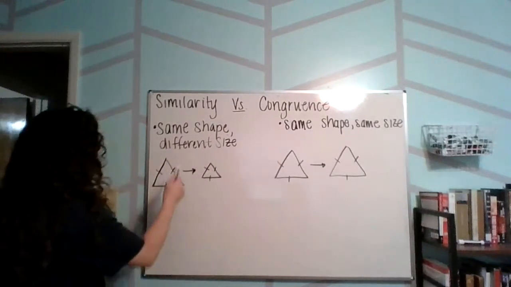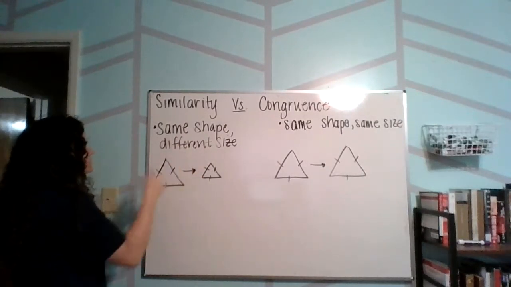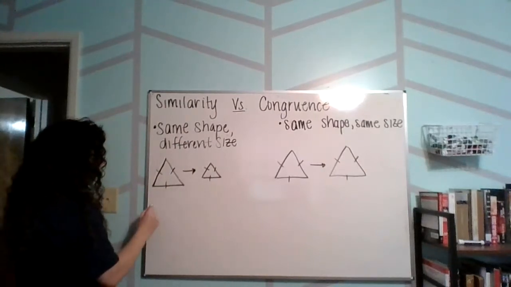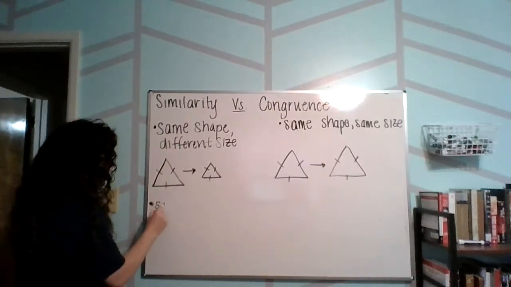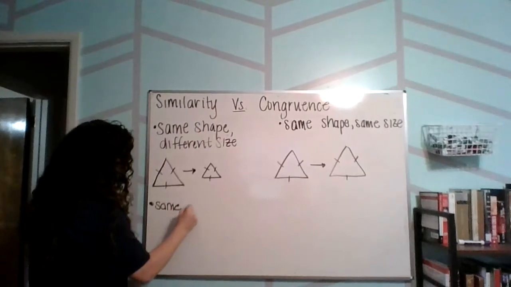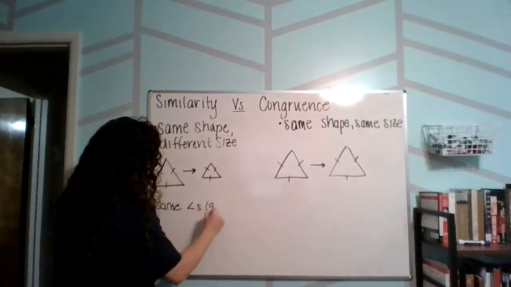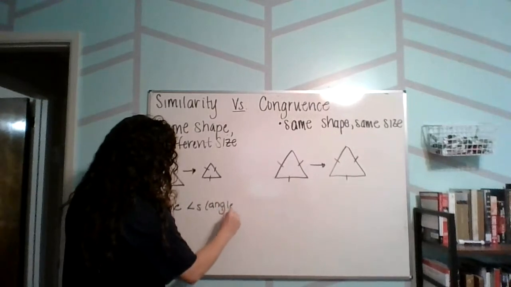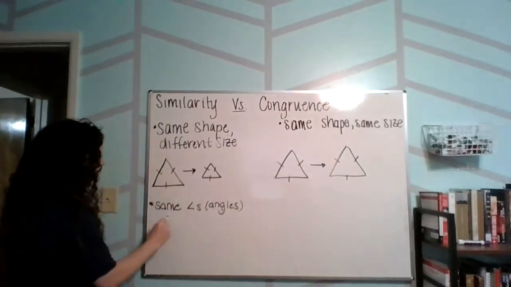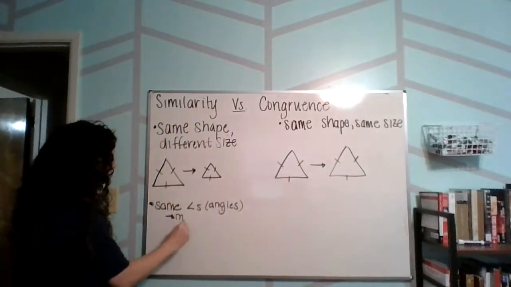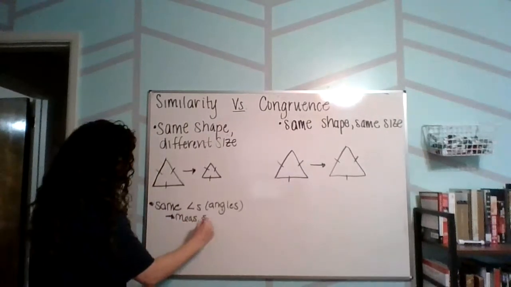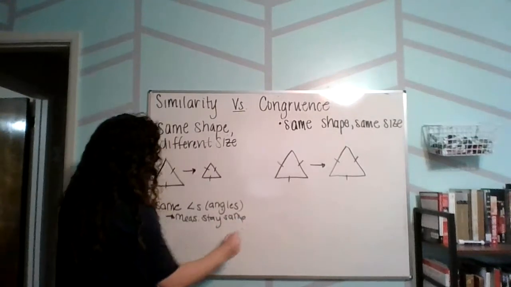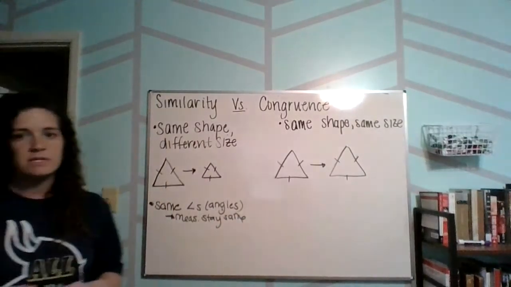So then the next thing that we need to check when we're talking about similarity with triangles is we need to have same angles sometimes. Meaning their measures stay the same.